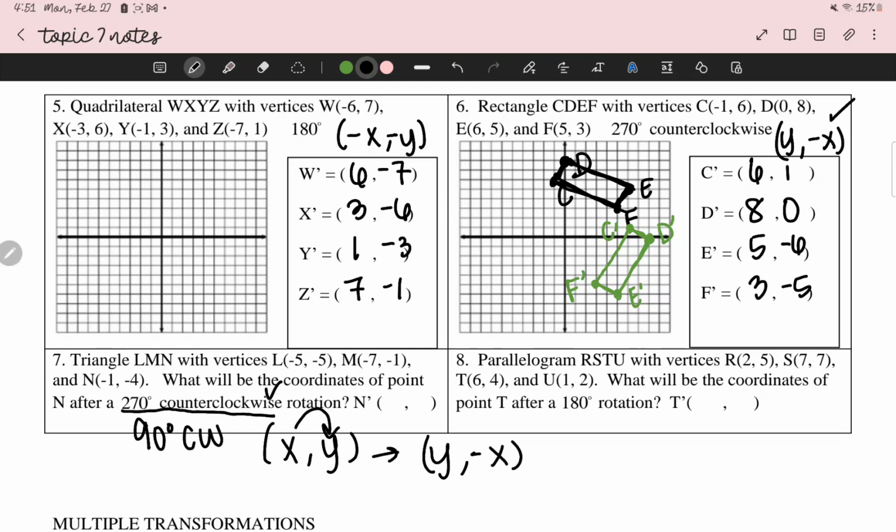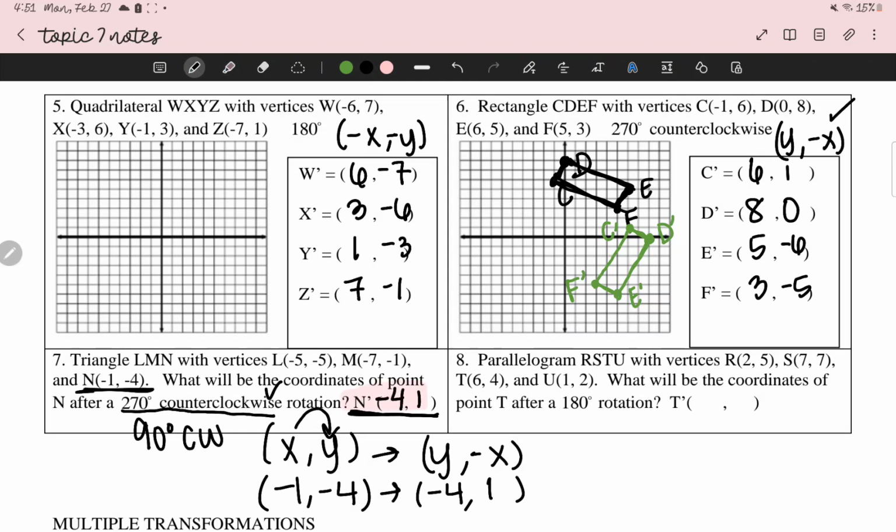Okay, so all I'm going to do is do that, and they said the new location of point N is all they wanted. So I'm going to focus on N, where it was negative 1 comma negative 4. I'm just going to swap the X and Y. So negative 4 is first, and then the opposite of X, which is 1. So my new answer is supposed to be negative 4 comma 1.